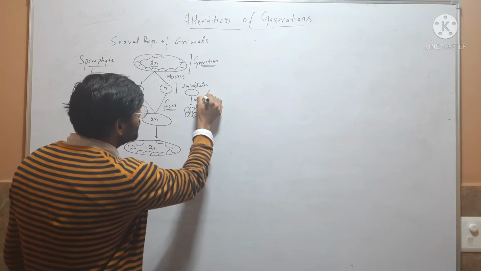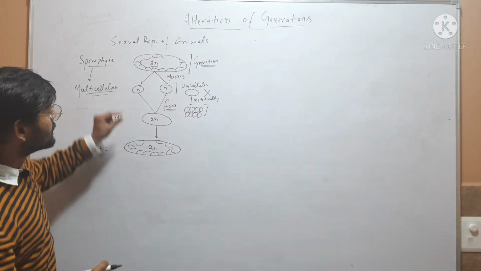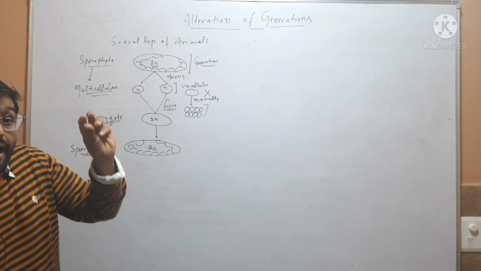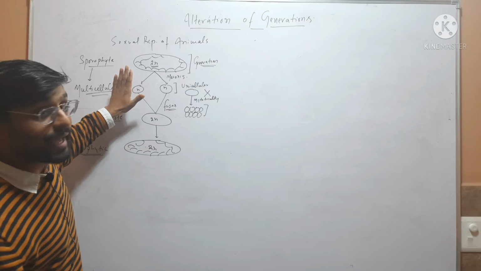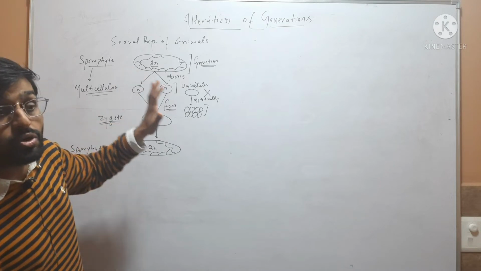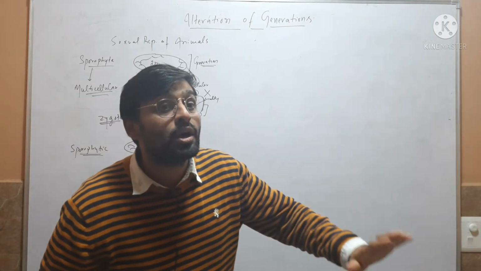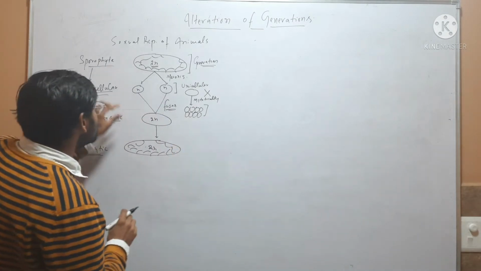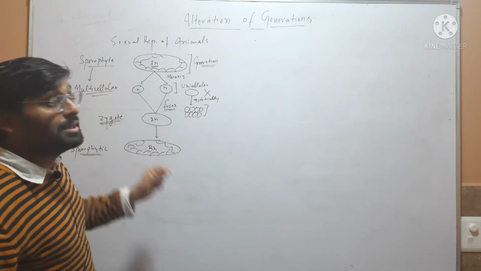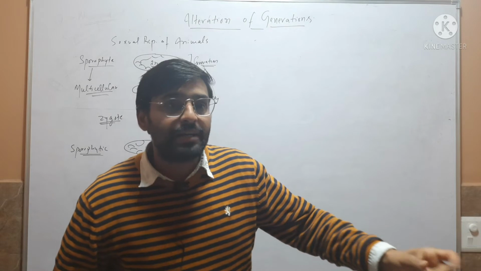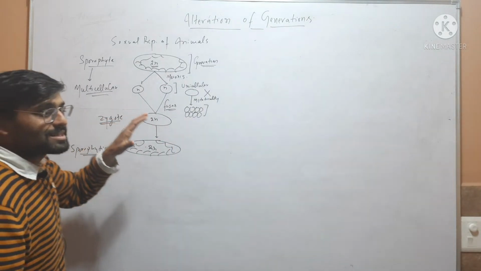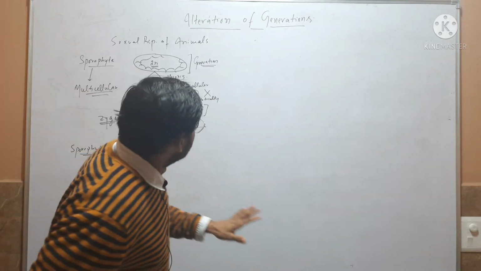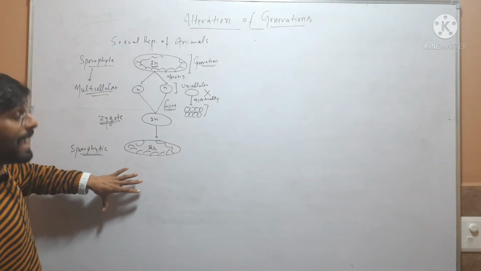The gametes are restricted to a unicellular state, so they cannot be called a generation because a multicellular body is not forming. They are simply called gametes. They can't be called gametophyte, because a multicellular body is not there. So this is the case of animals.